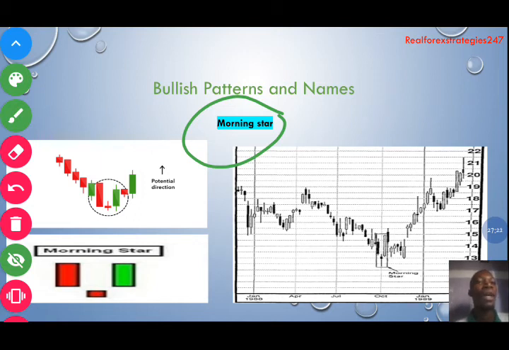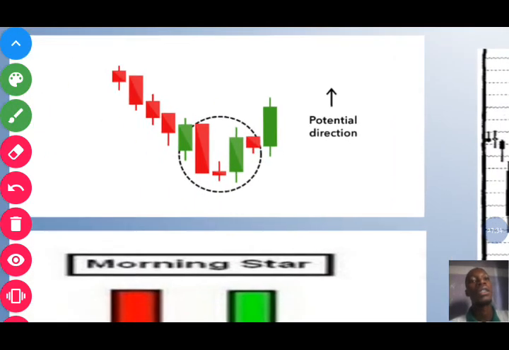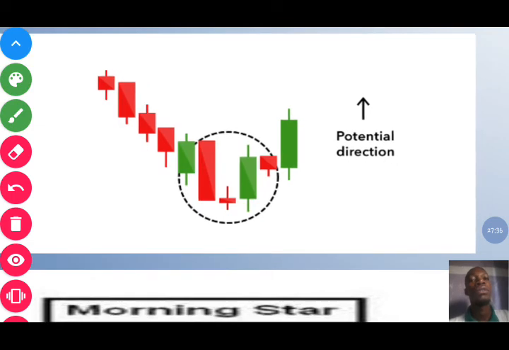A morning star is a three candlestick pattern. If you don't see these three candlesticks, then it is not a morning star. We can all see how it looks on the chart. It starts with a very strong red, bearish candle, a candlestick that is going down. Then we see another candle.